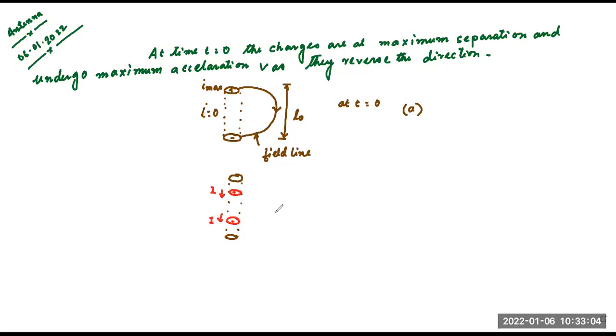The current is moving. So what will happen to the field line? It will be like this, going in this direction.